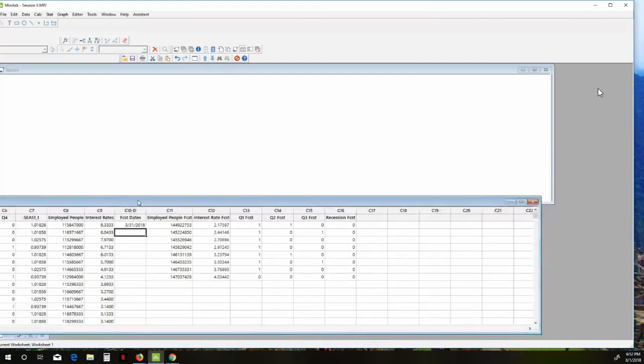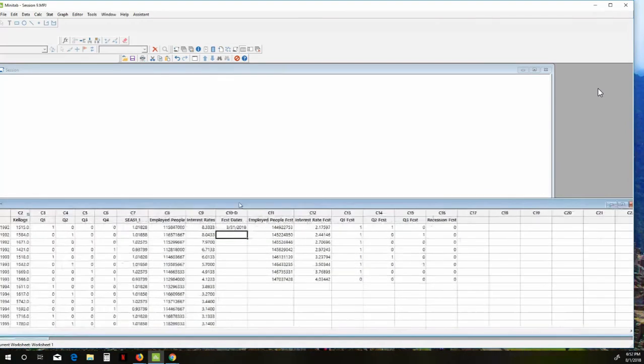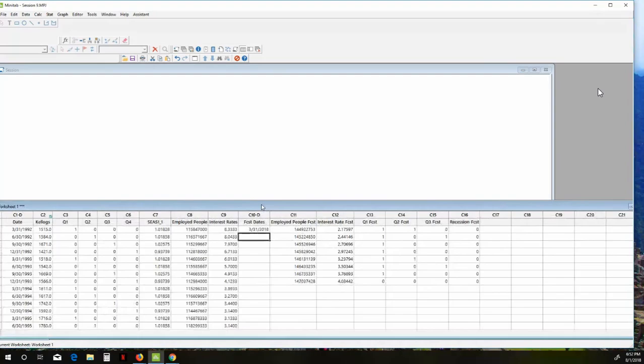See if I get the 31s in. 6/30/2018. 9/30/2018.